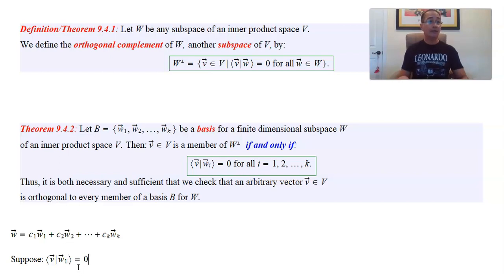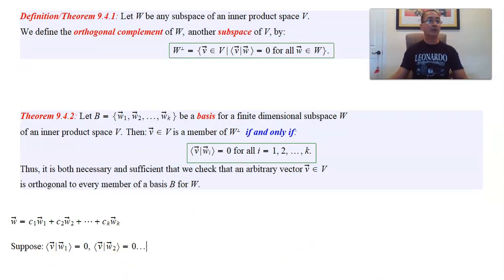So we are orthogonal to the first vector. And we are orthogonal to all of the vectors. So the inner product with w2 equals 0, and so on. Now let's check. Are you also going to be orthogonal to every vector in our subspace?